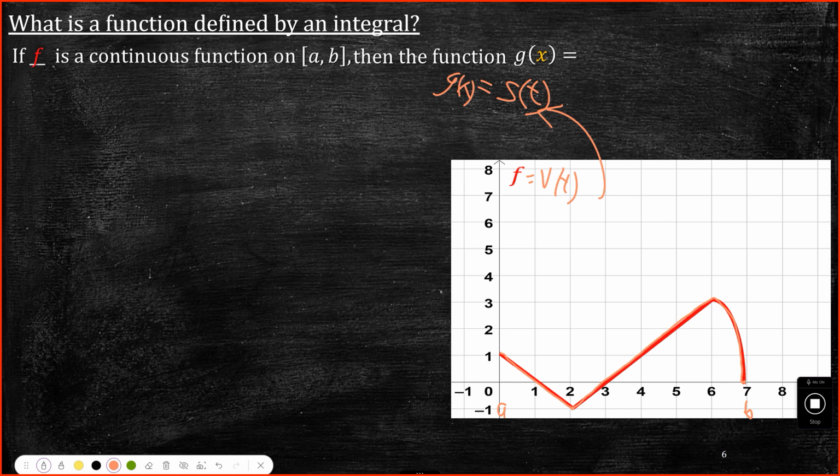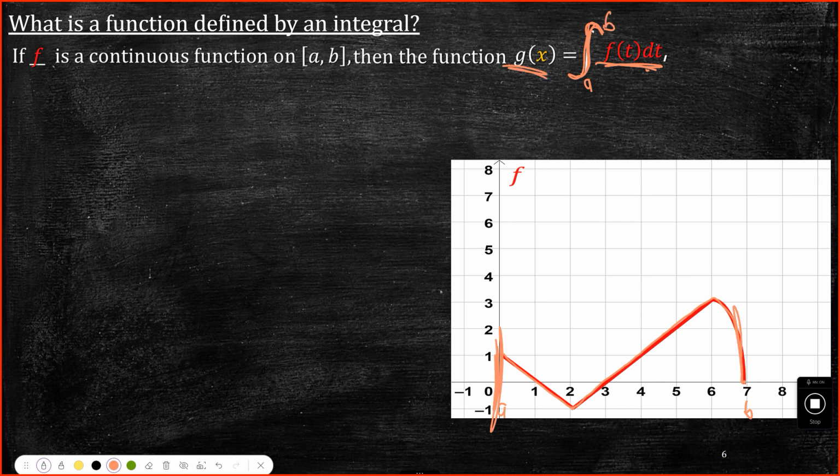So this is the antiderivative of this, where it came from. So it will be the area under the curve of this integral. So this is saying that the sum, this is the integral, the sum of the area under the curve from A to B is g of x.